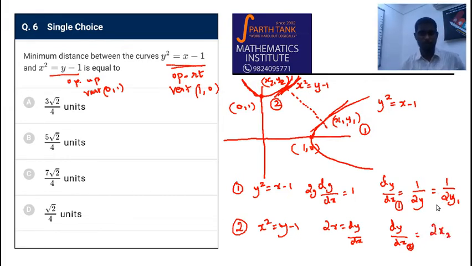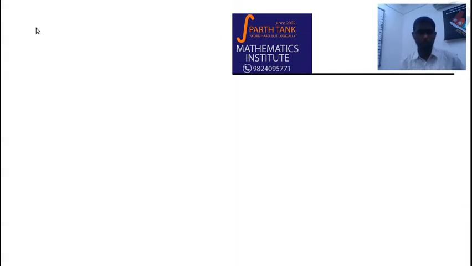Now these two slopes should be equal, is what we have said so far, right? Therefore, if these two slopes should be equal, 1 by 2y1 should be equal to 2x2, or x2 into y1 should be 1 by 4.